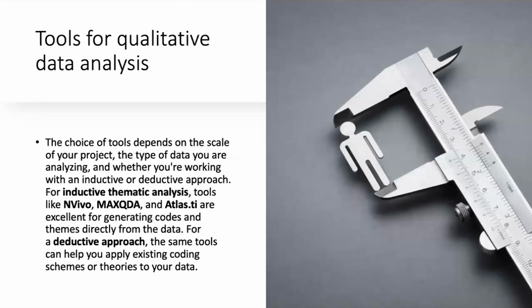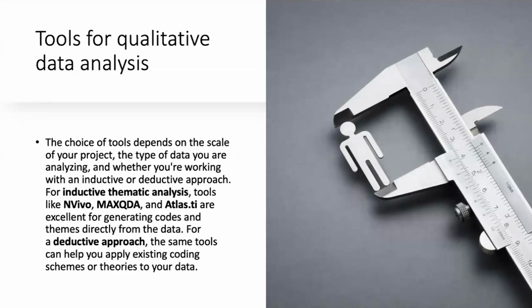Just to take a look at some of the tools that can be useful when doing qualitative analysis. Remember in the previous slides, I talked about manual coding. Manual coding is useful when you do not have the technological means to analyze your data.